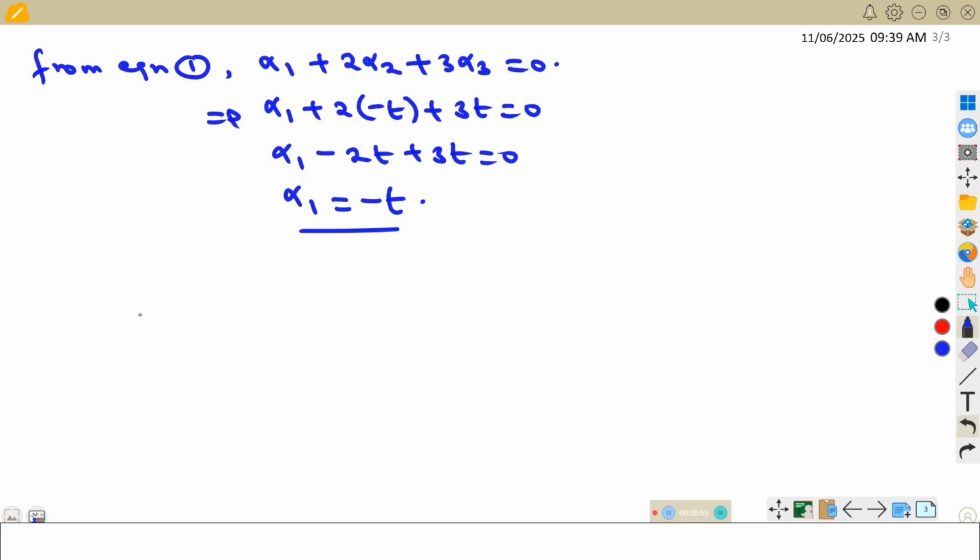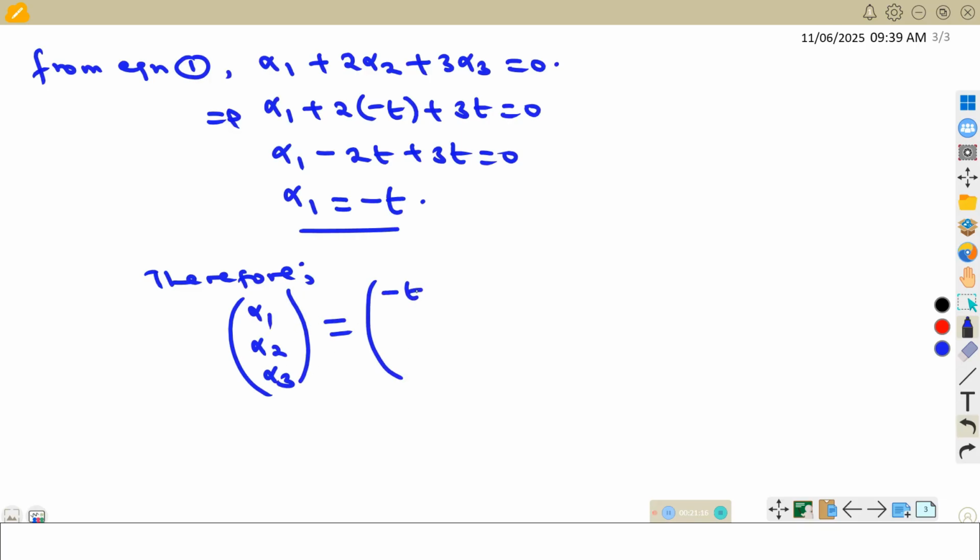Therefore, alpha 1 is negative t, alpha 2 is also negative t, and alpha 3 is t. That is what we shall have, and this is the same as having negative 1, negative 1, and 1 times t.